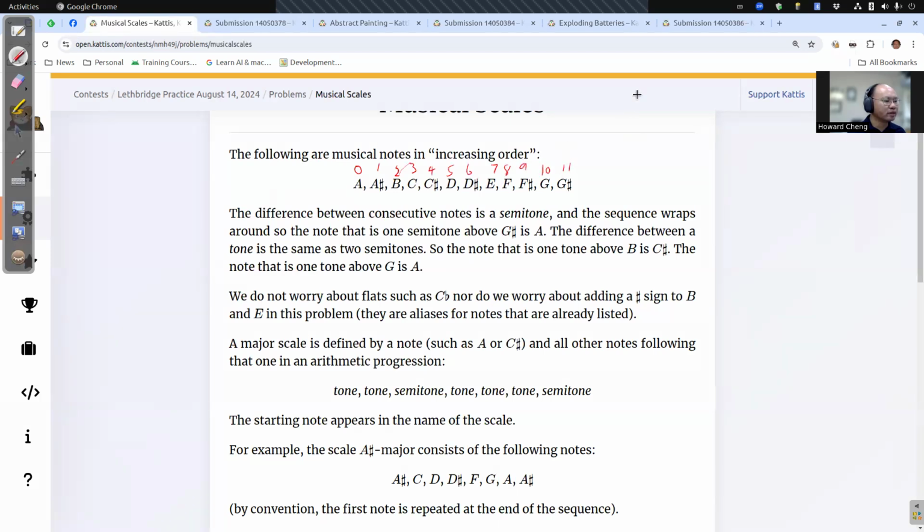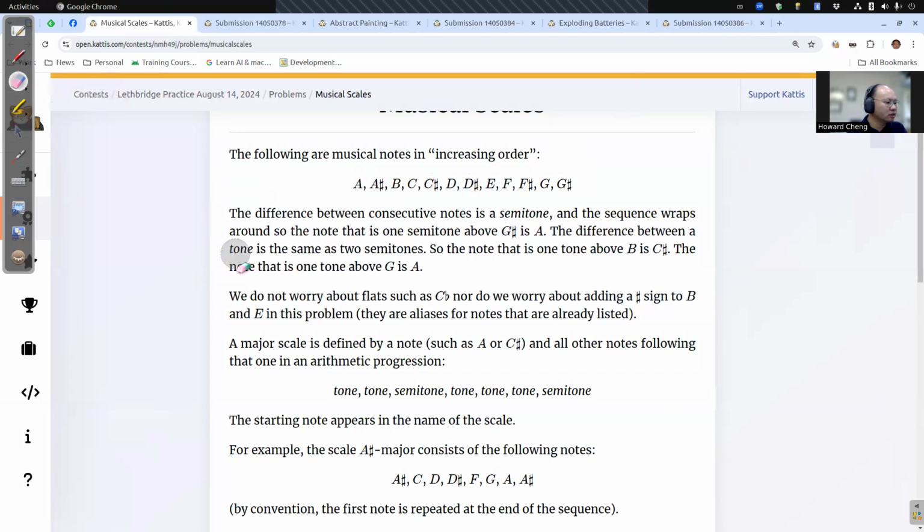And then we do everything mod 12. So if you do 11 plus 1, mod 12 will go back to the beginning. Okay, so the first thing that we want to do is find a way to convert these strings into numbers, 0 to 11.